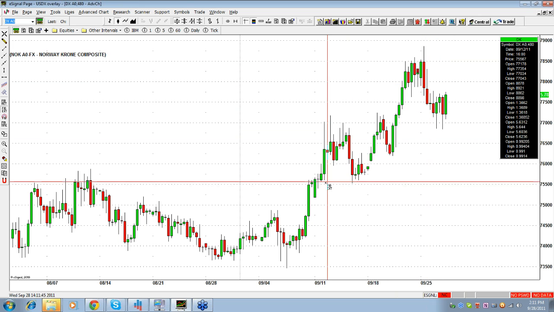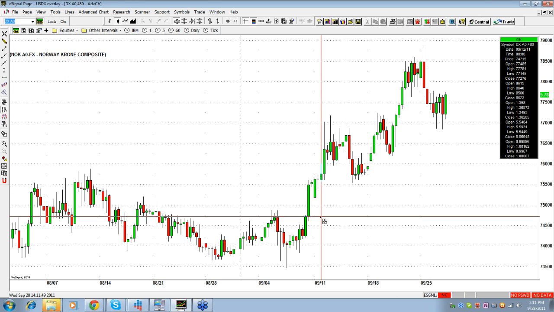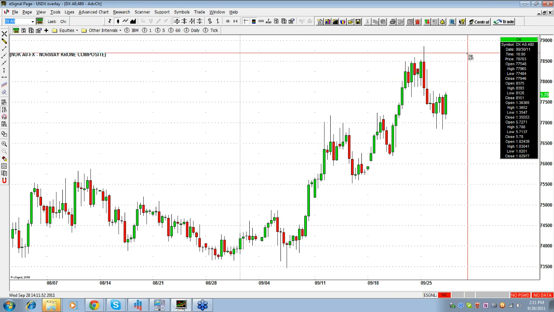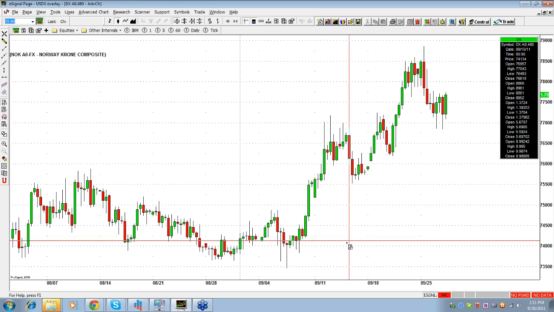So technically it's a 5 and a 3-wave move that needs to correct lower.